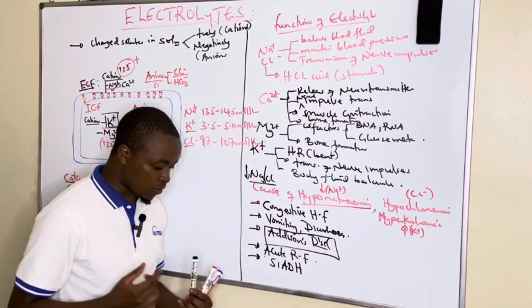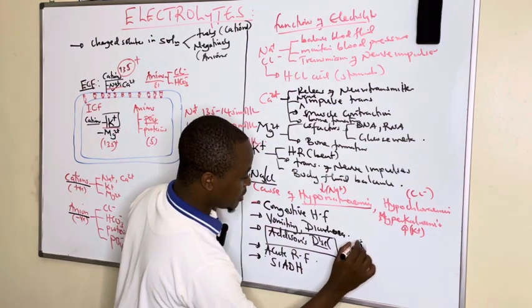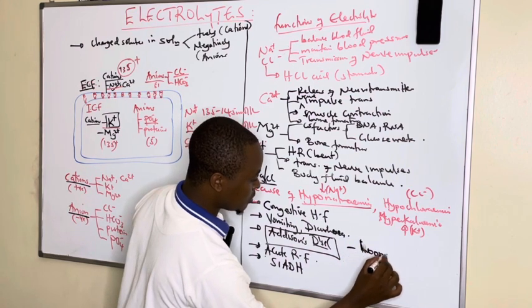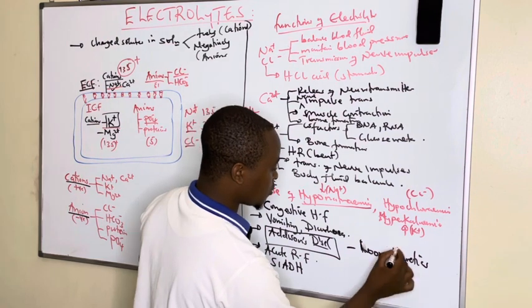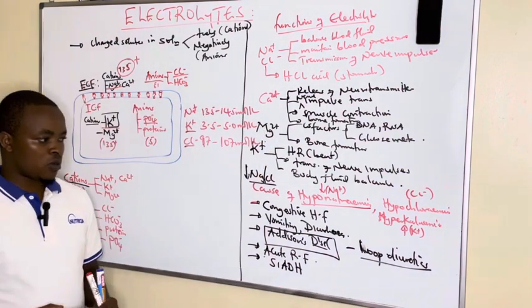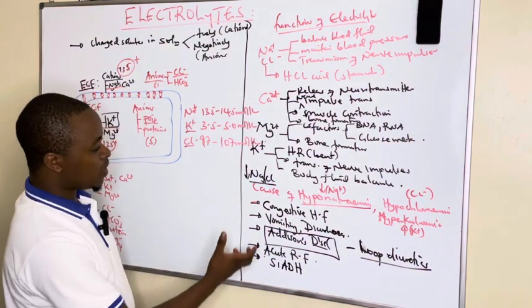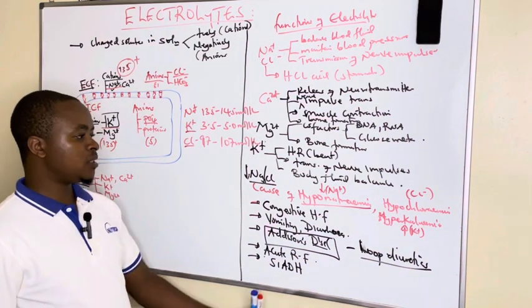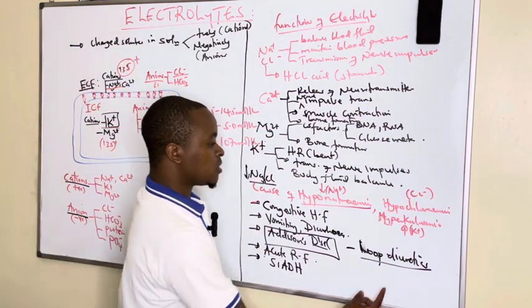And lastly, we can look at loop diuretics. Whenever someone is on loop diuretics, like furosemide, these can also lead to hyponatremia and hypokalemia. So these are the causes which can cause low sodium levels. They can cause low chloride levels and they can cause potassium changes.